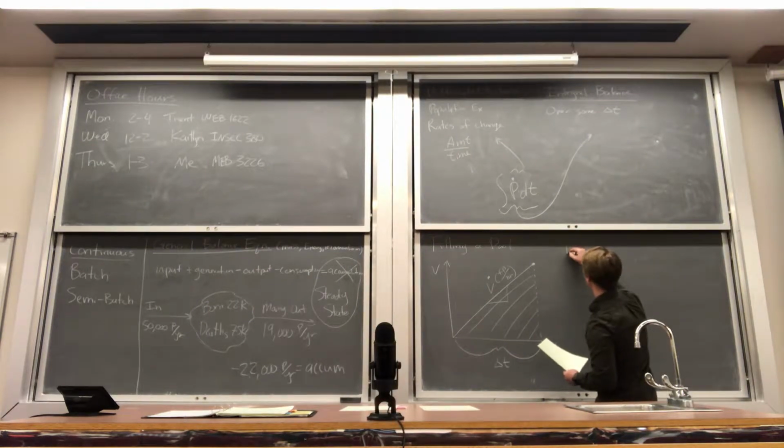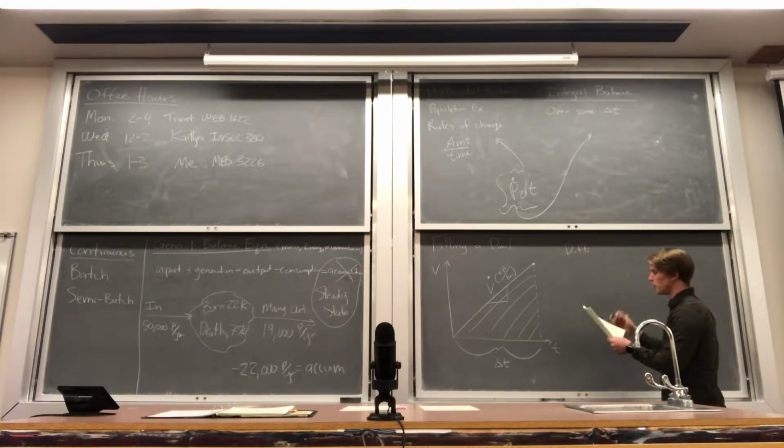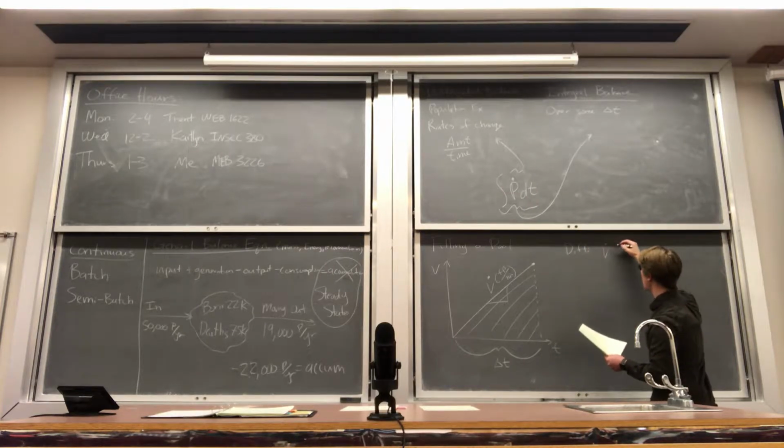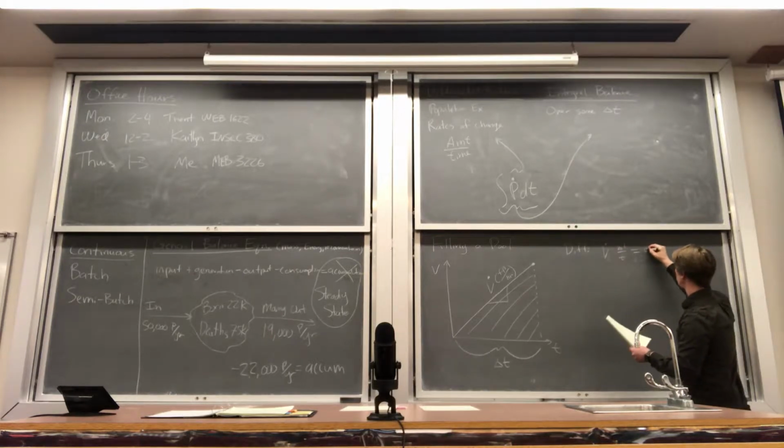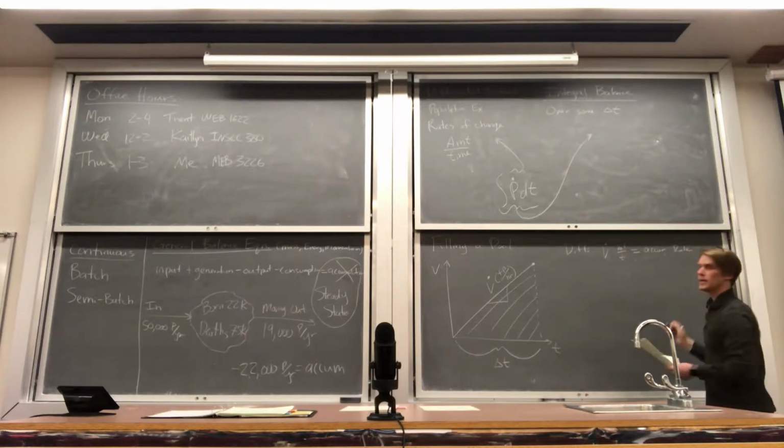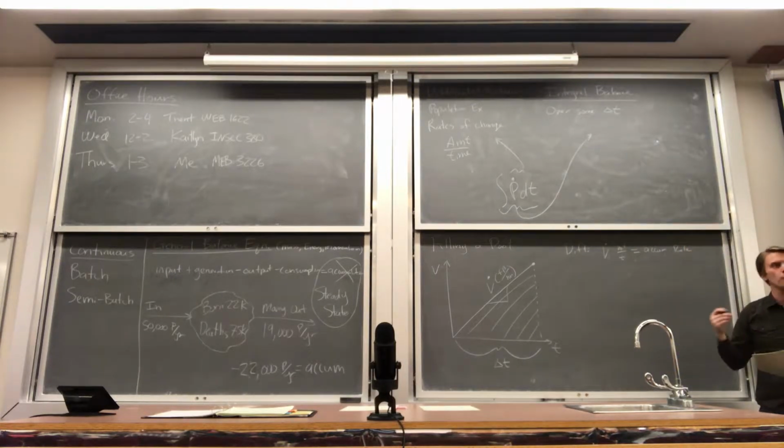So in the differential balance, everything would simplify down to the V dot, which is some volume over unit time, is equal to the accumulation rate, the rate at which we are filling up the pool.